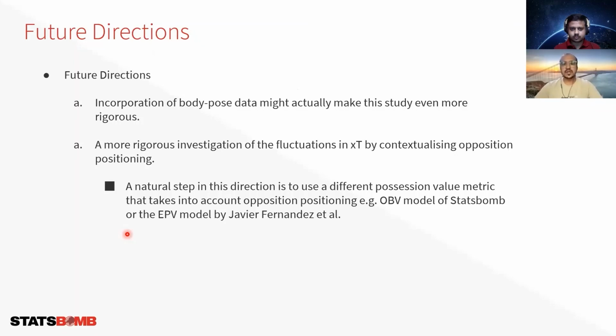And essentially we've used expected threat measurements to build certain metrics, but better models like the OBV by StatsBomb or the EPV model by Javier Fernandez, which are built already using opposition player information, would be a natural step forward to study these metrics more using those models.